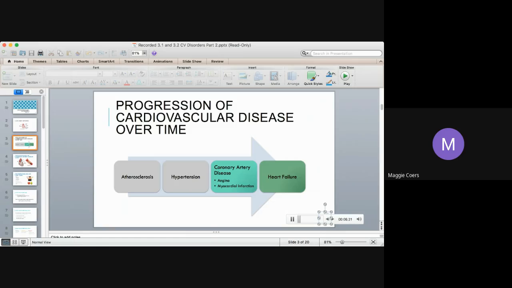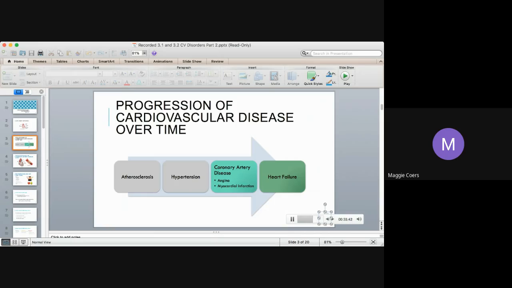In part 1 of these cardiovascular disorders, we talked about atherosclerosis, an abnormal disease process as one ages, but also about arterial sclerosis, which is a normal age-related change to the vessels. We discussed hypertension also in part 1. In this part 2, we're going to talk about coronary artery disease, angina, and myocardial infarction.